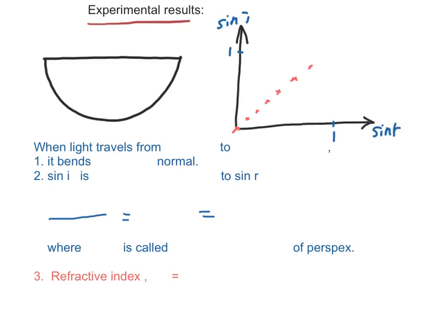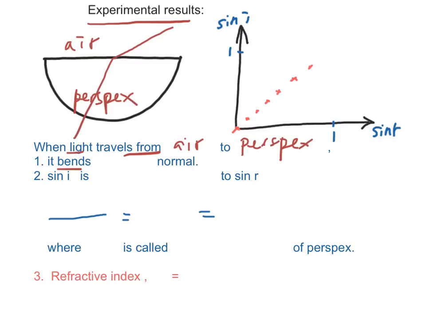Experimental results show that when light travels from air to Perspex, the light wave will bend towards the normal.